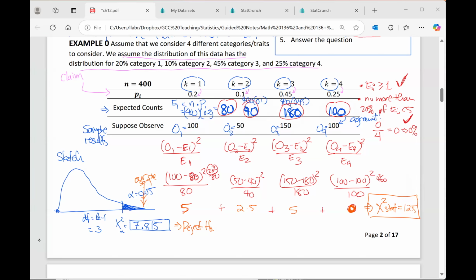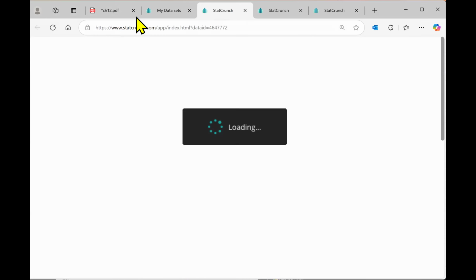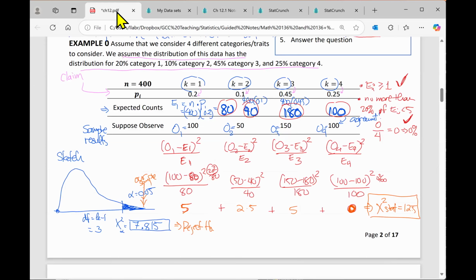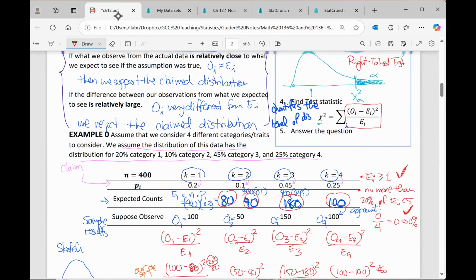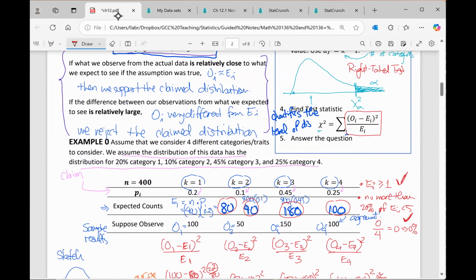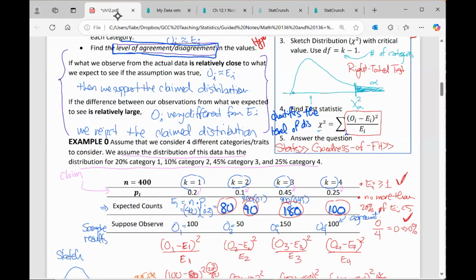Let's go ahead and see how to do this in StatCrunch. Here's the command. You're going to go to stats, goodness of fit, and then select chi-squared.